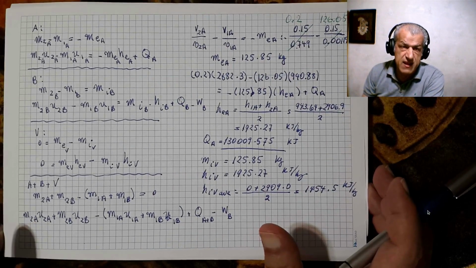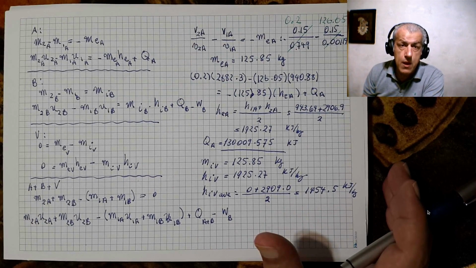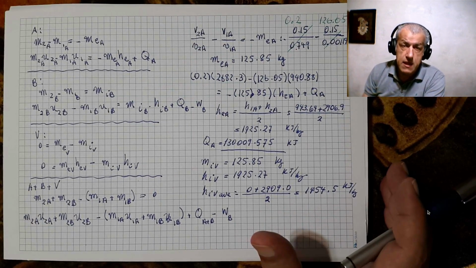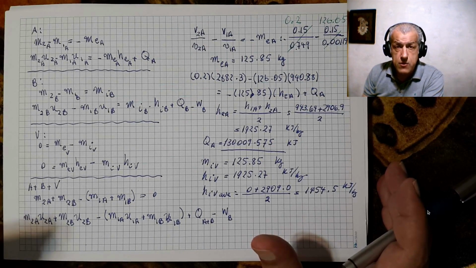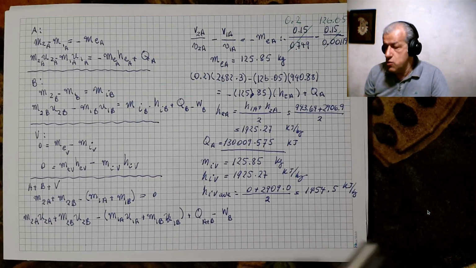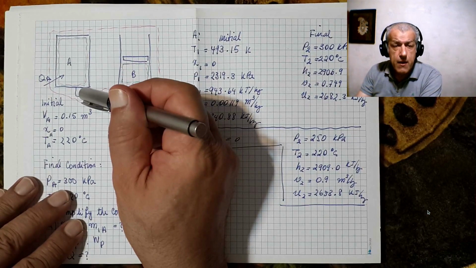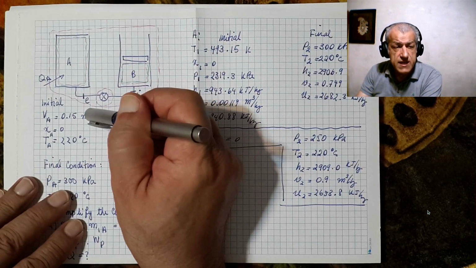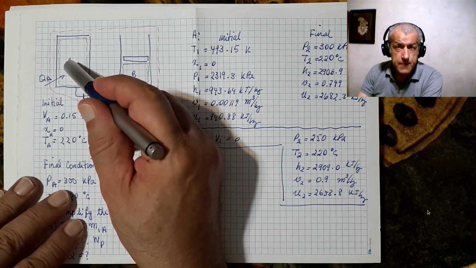We don't have any further knowledge about what's happening inside the valve, or at its inlet or outlet. But I shall later on show you that our assumption for HEV decides on Q here.